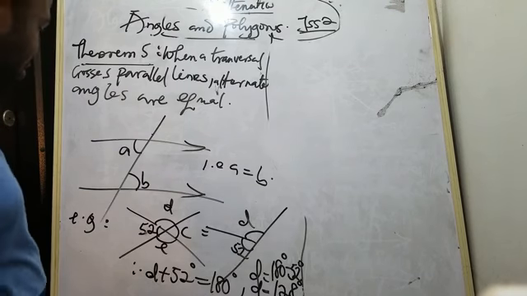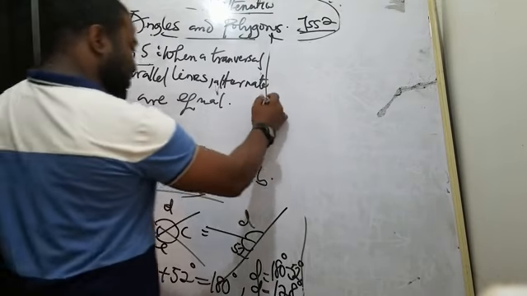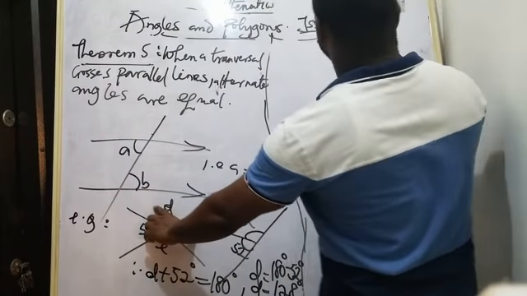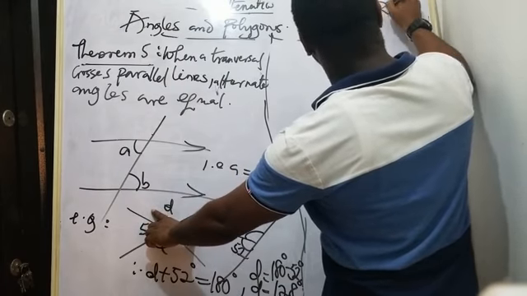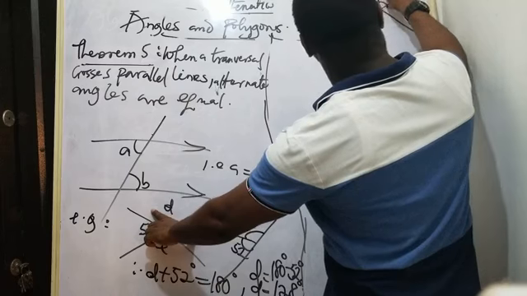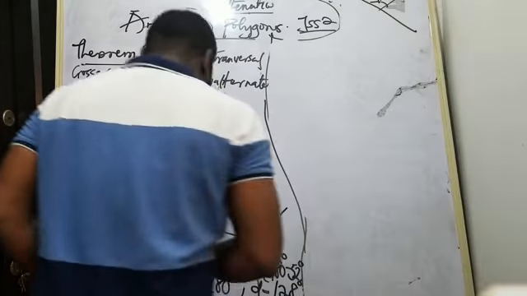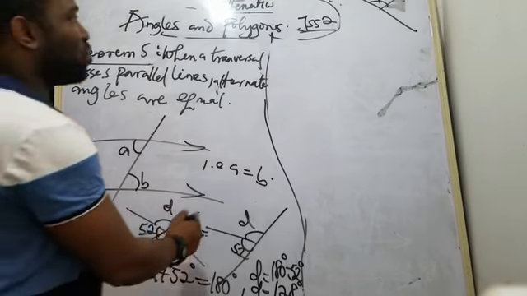And then you can easily get, now if you look at D, now let's take the other one. If you want to consider D and C, let's say this is our straight line, okay? And then this is our D. What's our D now? 128 degrees. In fact, without saying that, corresponding angles, look at this. The angle here will be equal to the angle here. Yes or no? Very good.